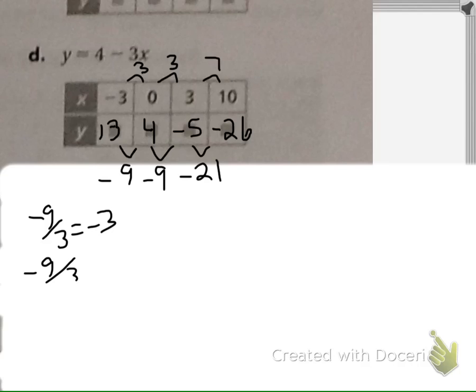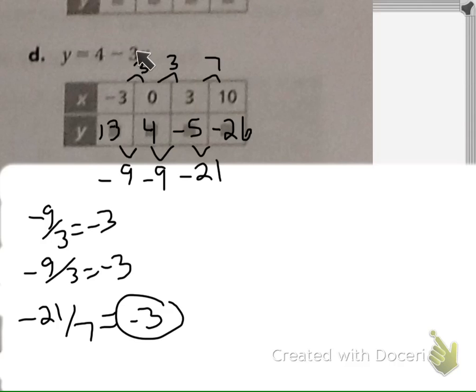Negative 9 divided by 3 is negative 3. And then negative 21 divided by 7 is negative 3. So this is my constant rate, which in the equation is right here, the constant rate, the coefficient. And then the slope in the table is 4, and here's the slope in the equation. So this is linear.